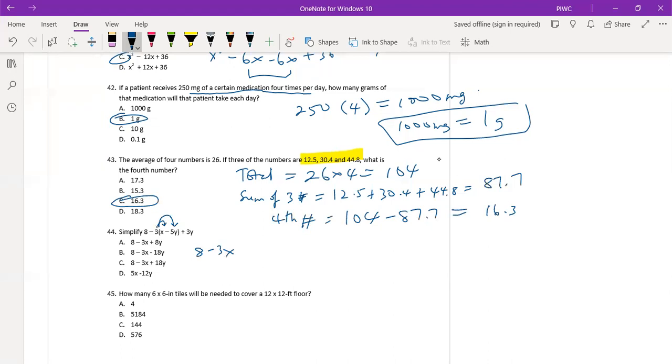Negative times negative is positive, so plus 15y, and then plus 3y. Okay. Combine like terms of 8 minus 3x plus 18y. Okay. So that would be C.